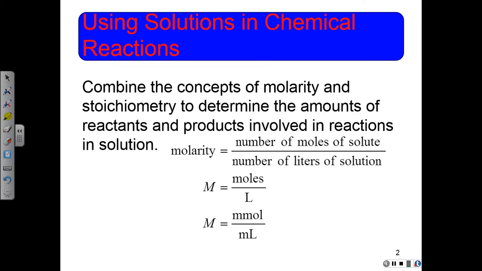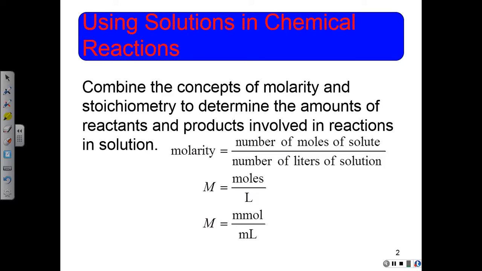Okay. So when we deal with solutions, now we're dealing with liquids, right? And so we have to be able to give some indication of how concentrated a solution is. For example, there are reactions in the lab that will work efficiently if the concentration of your solution is, let's say, 0.1 molarity.